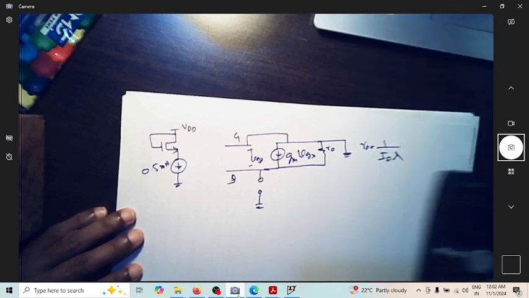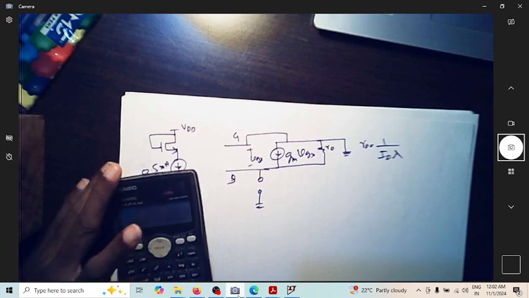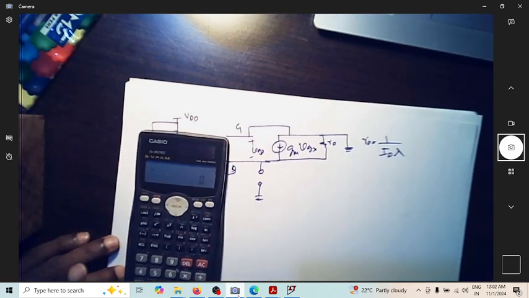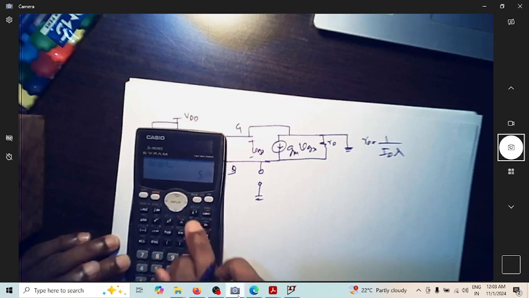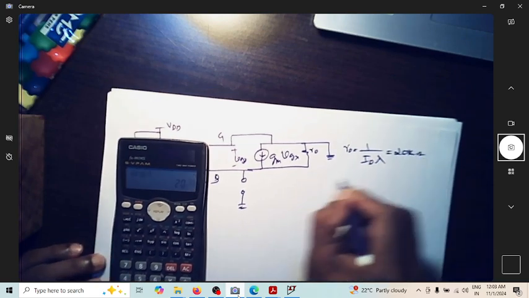Since ID is 0.5 milliampere, R0 comes out to be 20k. R0 is 0.5 exponential minus 3 into 0.1, whole inverse, which is 20 kilo ohm.